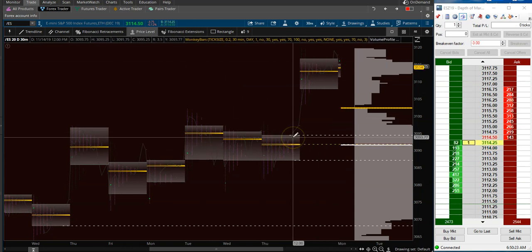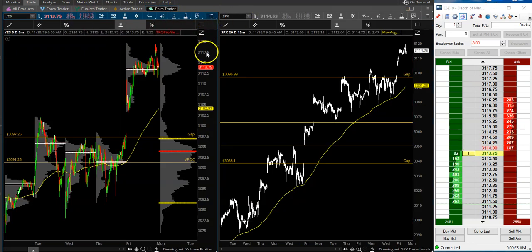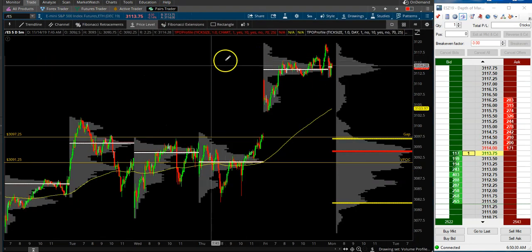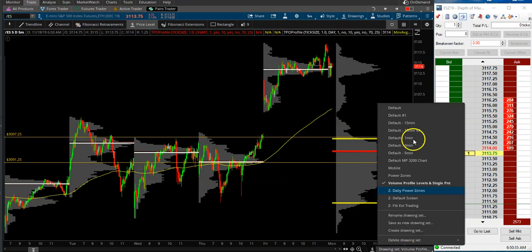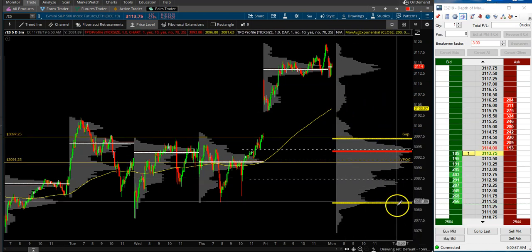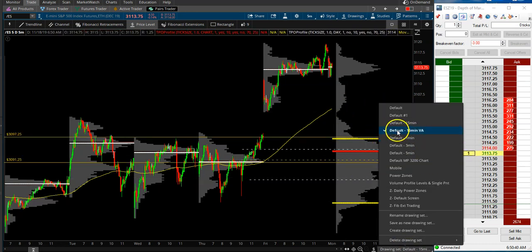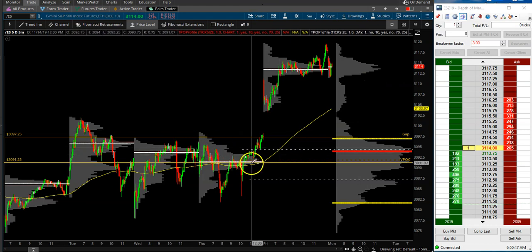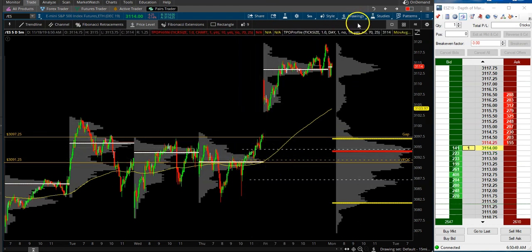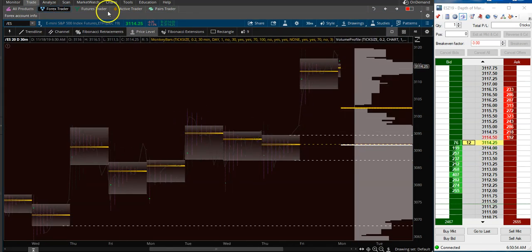Now, to be able to get my gaps, what I do is I come over here to this chart, my 5-day, 5-minute, and I'll start to mark off all, I'll go to the same study or a drawing set, default 15-minute VA, right? Value area, and I'll start to mark off all my gaps every morning. So I use this chart with this chart in conjunction to be able to get all of my things.